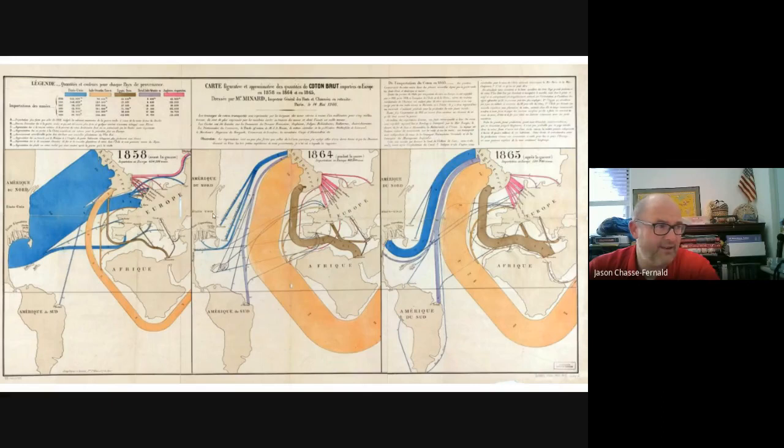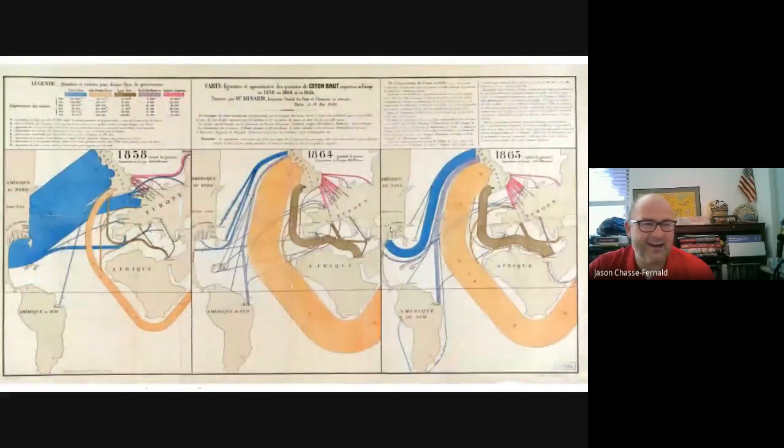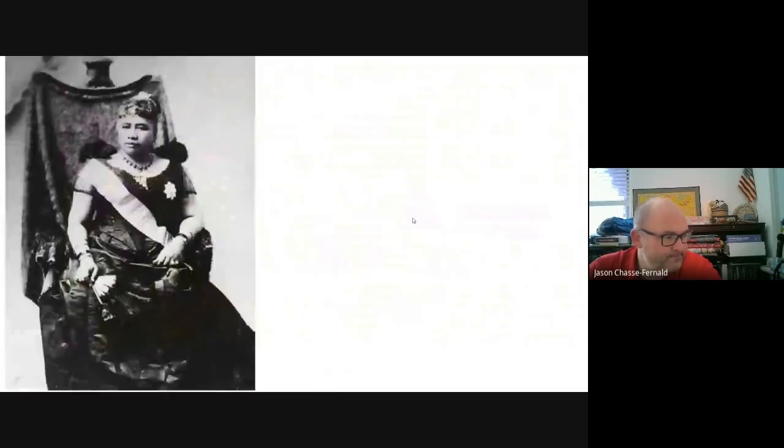This looks very similar to the cotton production one, or actually, this might be the cotton one. I'm sorry, this is the migration one. Same guy who did the cotton one. This is his immigration infographic. Feel free to pause and look at this.